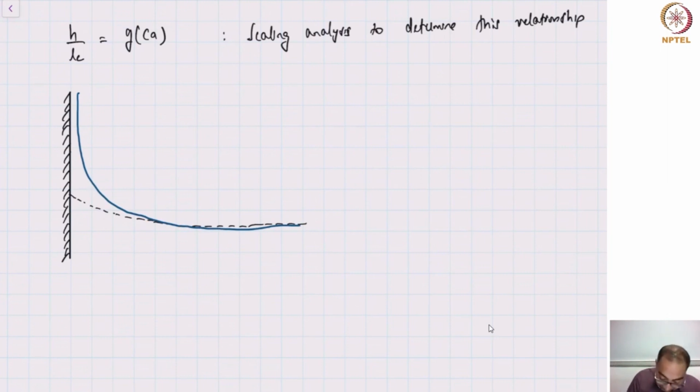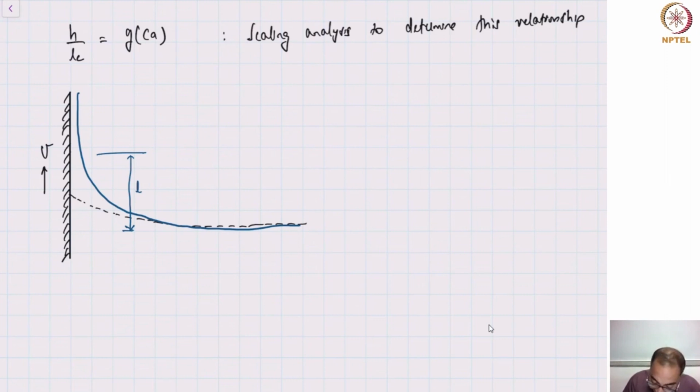So the dynamic meniscus is L here, and the plate is U. So the dynamic meniscus is like the static meniscus, but now it is also affected by the shape of the meniscus, also affected by viscous forces. Therefore, we call it the dynamic meniscus.